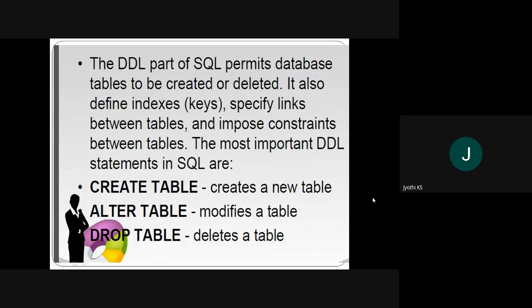Modify a table in the sense that we are going to modify at the schema level. We are not talking about data. When we talk about modification or altering of data, that comes under data manipulation language. When we are changing the schema of the table, that is the alter table command. And drop table: the whole table will be deleted by using the drop table command.